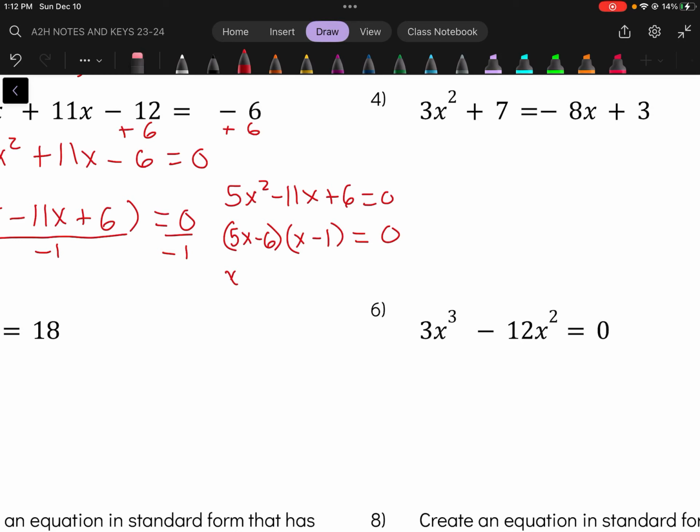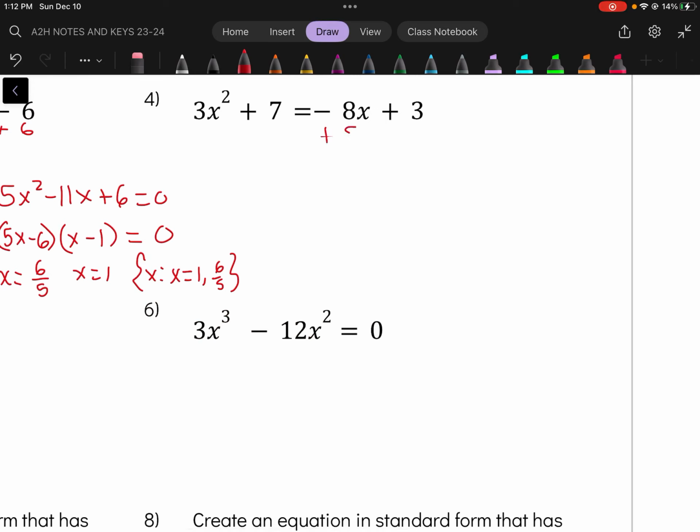Now, this will be 6/5. This will be 1. Just make sure you get the fraction right. You're going to add 6 and divide by 5 to get that 6/5. And then we express it in set notation, x equals 1 and 6/5. Okay?